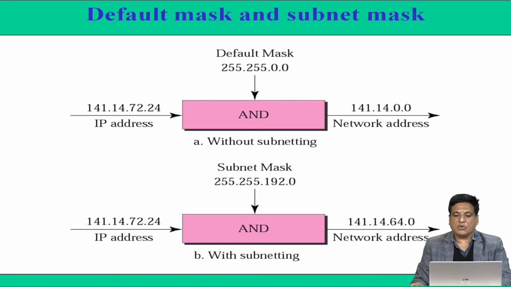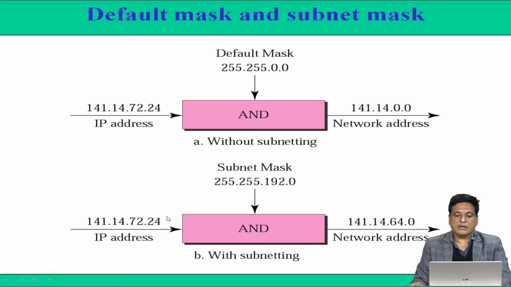This is without subnetting. We have the class B IP address and the class B default mask. If we perform the AND of these two, we get the network address. It means we are not performing any subnetting, and the network address we get is 141.14.0.0.